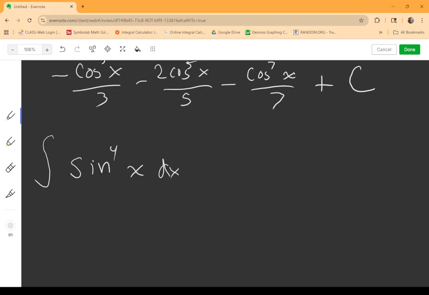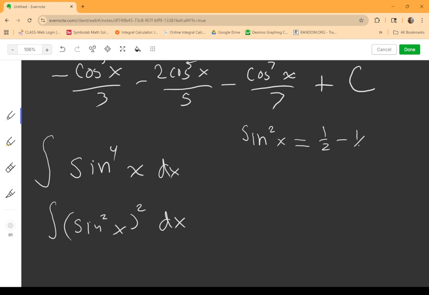Now, in that case, I'm going to think of this as sine squared x, squared, dx. All right, and what I'm going to rely on here are what are called my power reducing formulas or half angle formulas. So the sine squared of x is also equal to 1/2 minus 1/2 cosine of 2x, right? This is a trig identity, right?